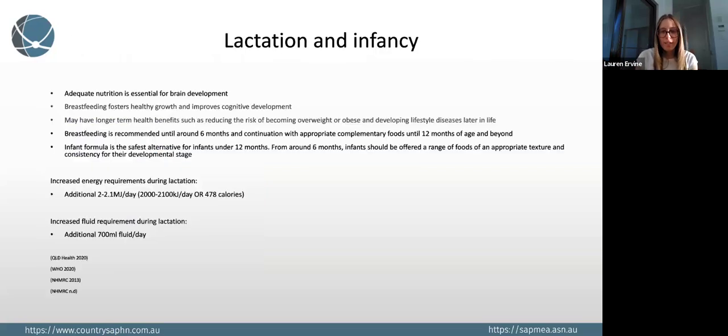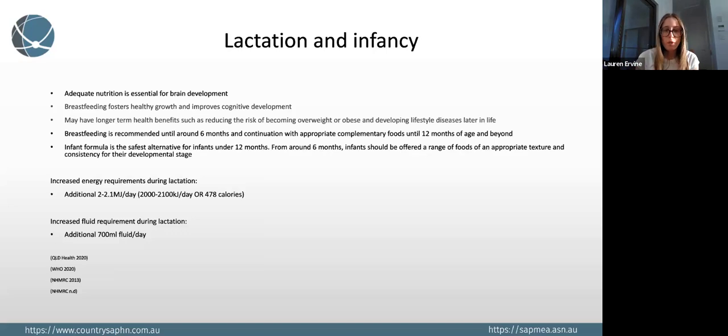Lactation in infancy. I won't touch too much on infancy in general, but lactation is an important one if we're supporting a woman post-pregnancy who potentially just wants to get back on track with health and fitness and also support her baby. Lactation relates to infancy because it's helpful for the brain development, cognition, and immune system of the baby.